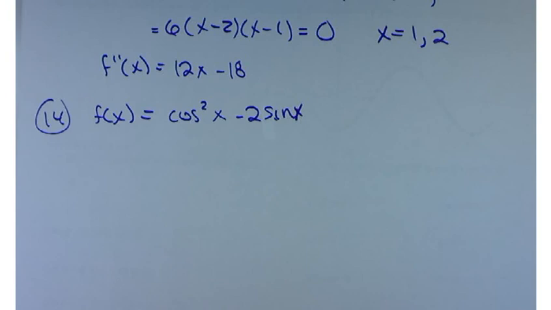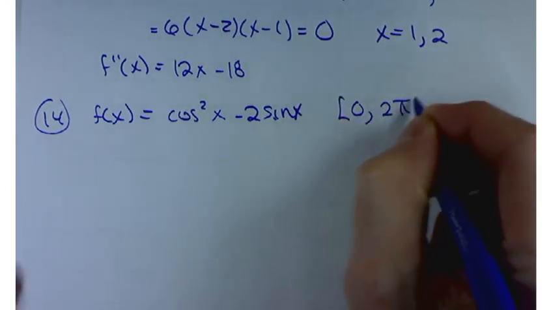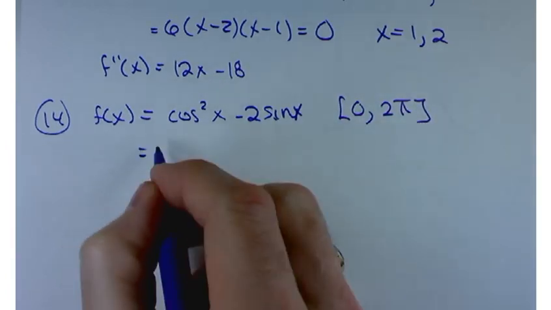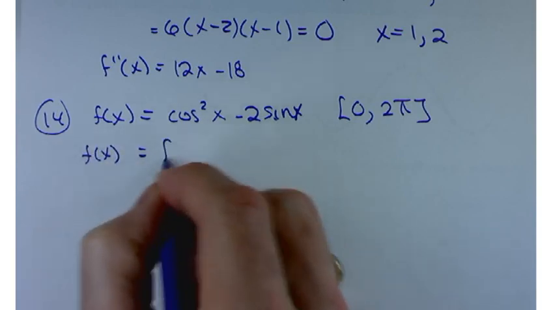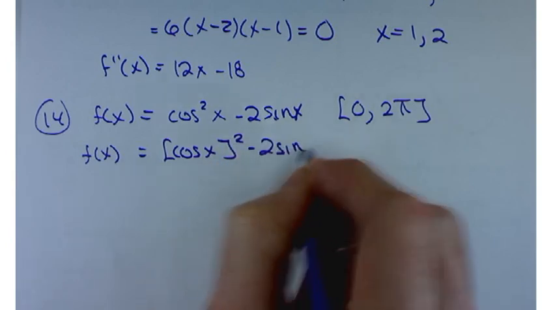And let's limit ourselves to between 0 and 2 pi. So we'll just make that restriction 0 to 2 pi. It's important when you look at this and differentiate this to realize that that's really cosine of x squared minus 2 sine of x.